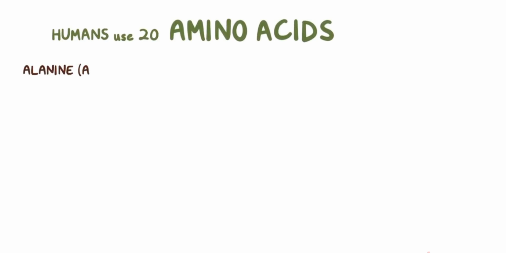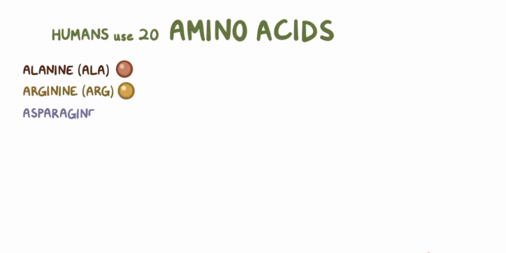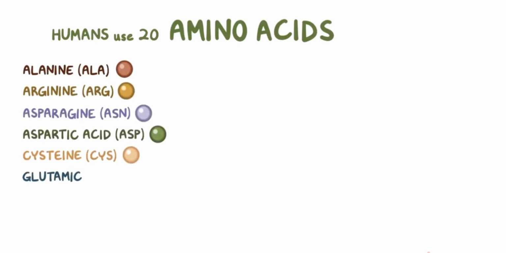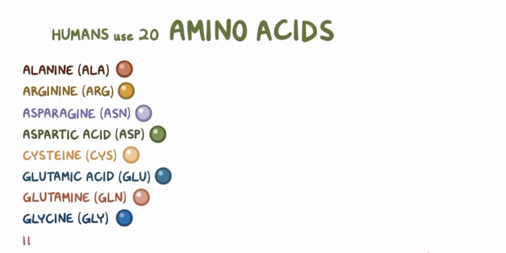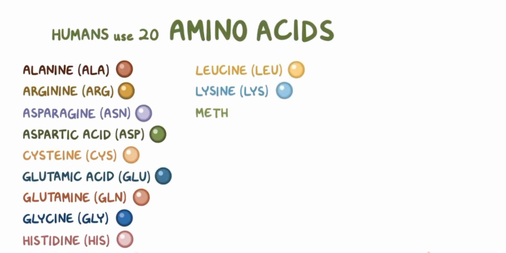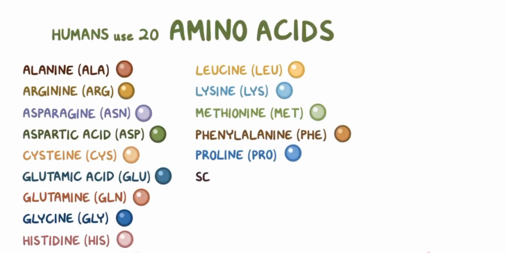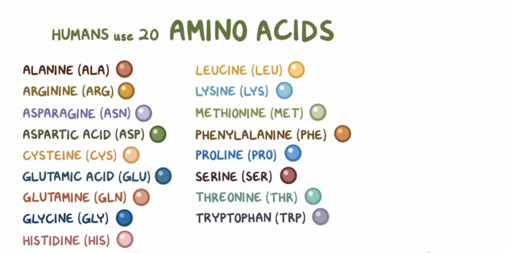So we have alanine, arginine, asparagine, aspartic acid, cysteine, glutamic acid, glutamine, glycine, histidine, isoleucine, leucine, lysine, methionine, phenylalanine, proline, serine, threonine, tryptophan, tyrosine, and valine.